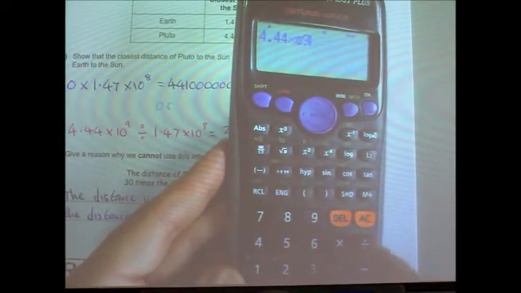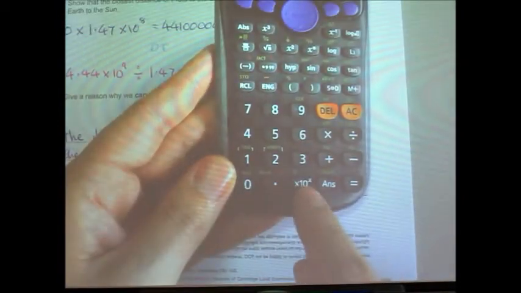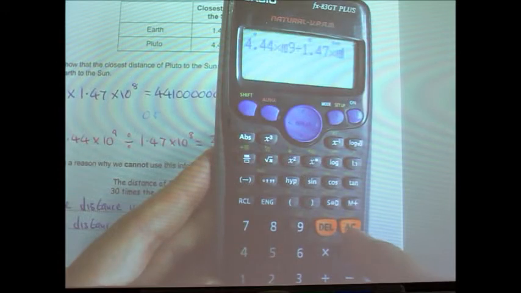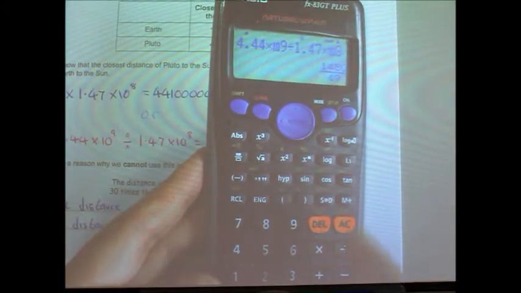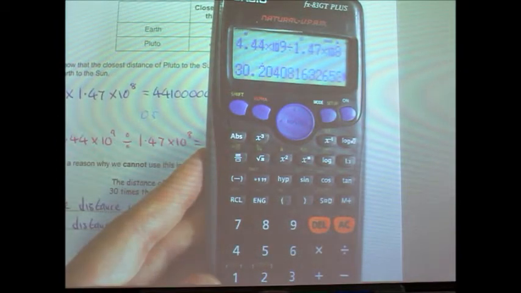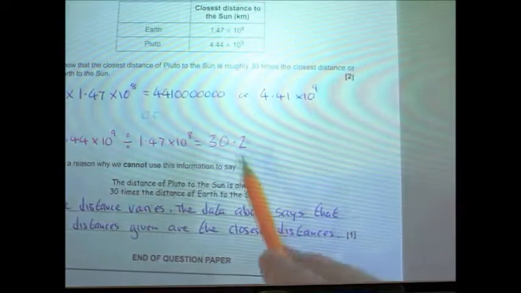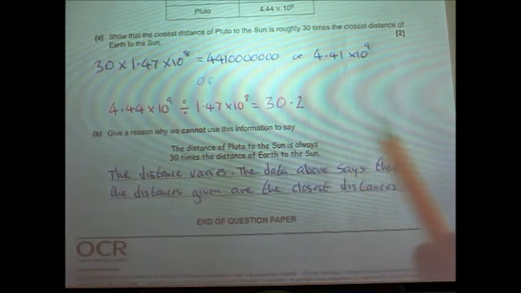You divide that by 1.47, and again, using the times 10 button there, to the power 8. You might have to press SD after this, and there you go, so it's 30.2, it keeps going for some time. But yeah, so that shows it's roughly 30 times the distance. Only 2 marks for that, and you can use your calculator. So if you can do that on your calculator, good stuff.